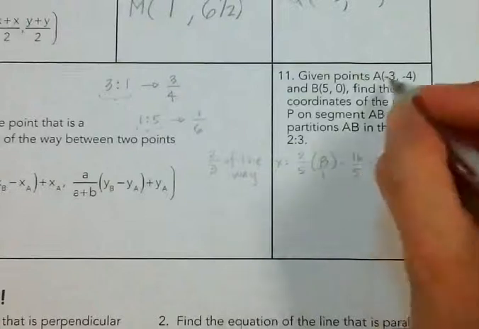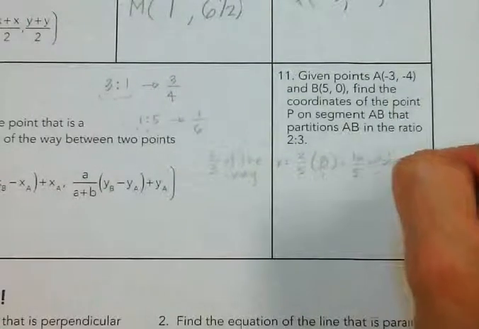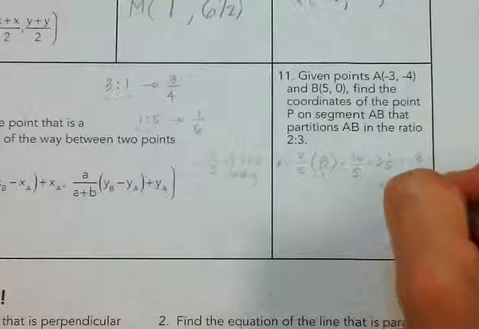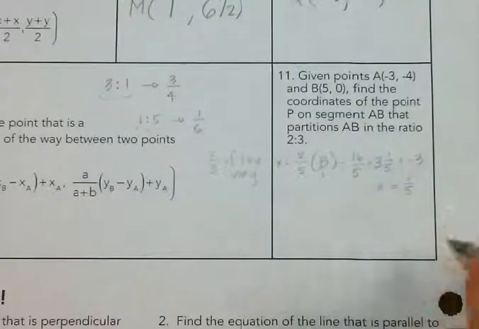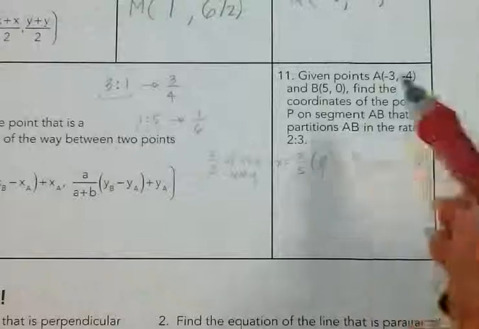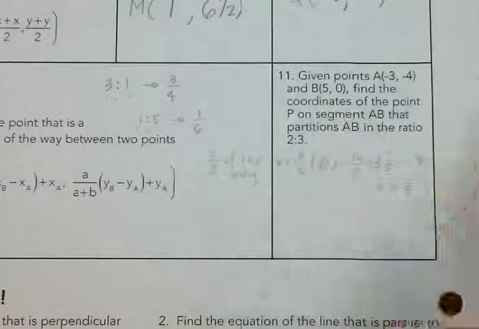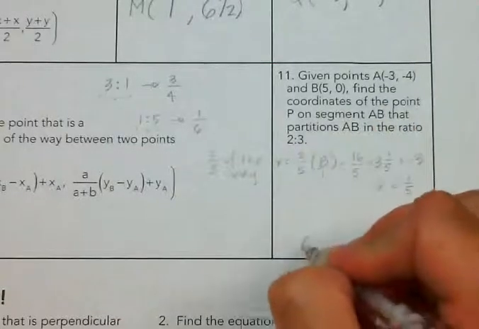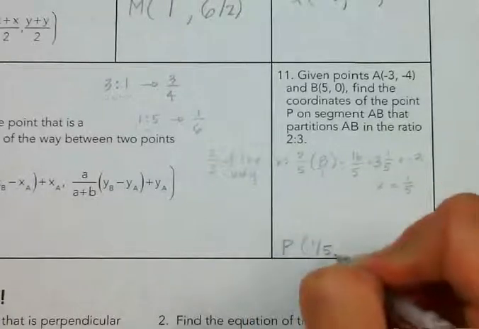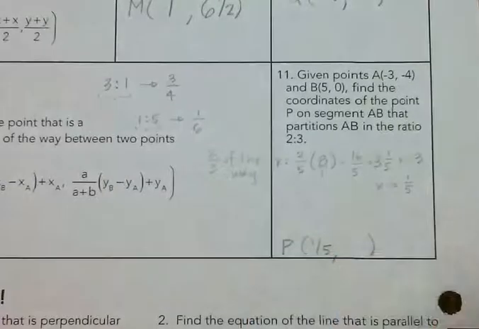And if I add that back to a, which is -3, then x is 1/5. So I know that 2/5 of the way between these 2 points is when x is 1/5. So far I know that point P is going to be 1/5 something.